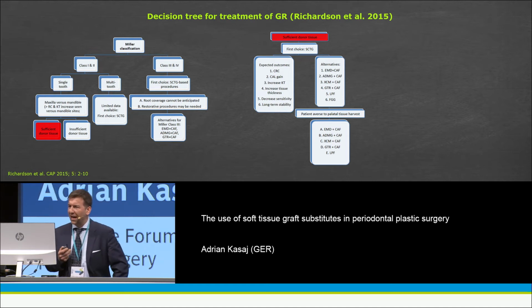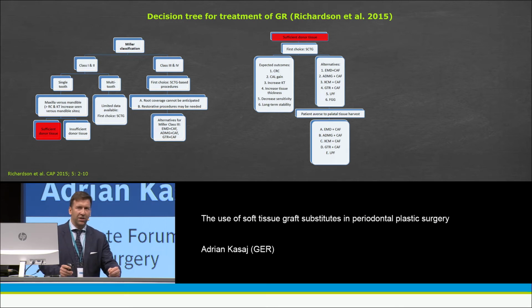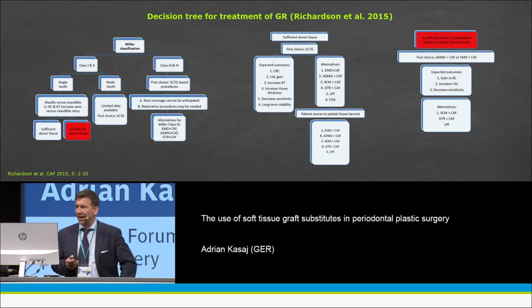You see here the Emdogain, the acellular dermal matrices of human origin and porcine origin, and you see now here if the patient doesn't want to have the harvesting of the connective tissue grafts, you have some alternatives. And also here, if he has no connective tissue at all at the palatal donor site, you have here acellular dermal matrix grafts, you have Emdogain, and you have the possibility of combining these things together.